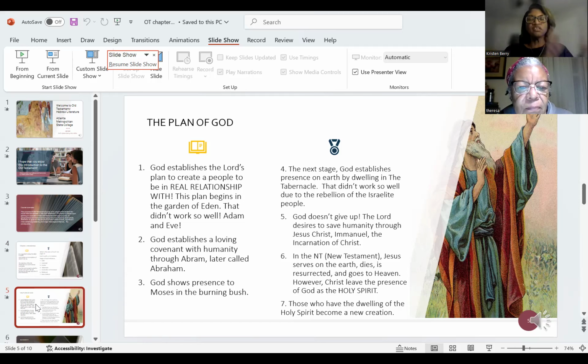And this is a continuation from the last slide, but when we talk about the covenant, that loving covenant that God had with humanity, we see that through Abraham. We see the presence of God, for example, with Moses in the burning bush.